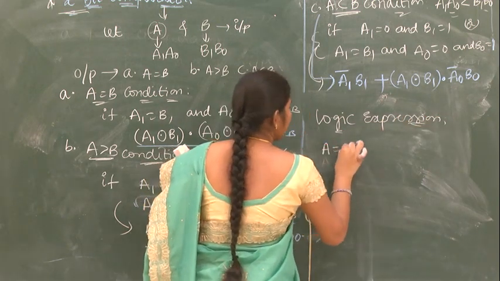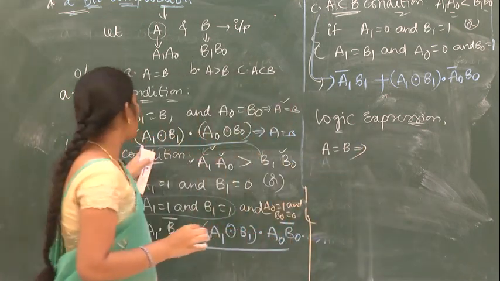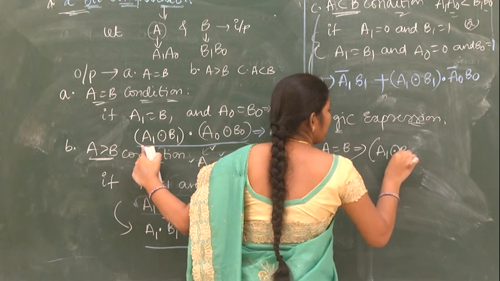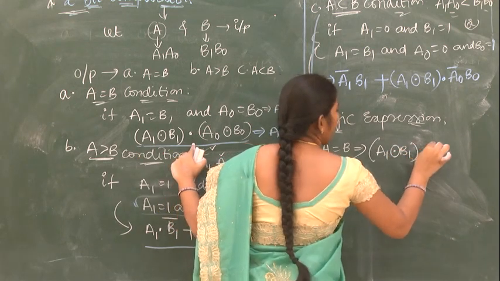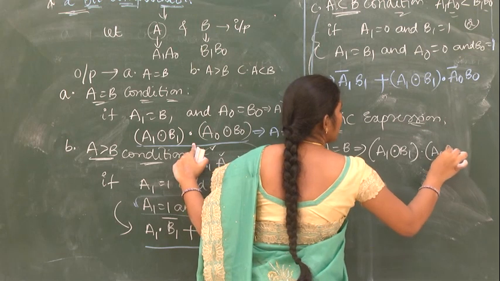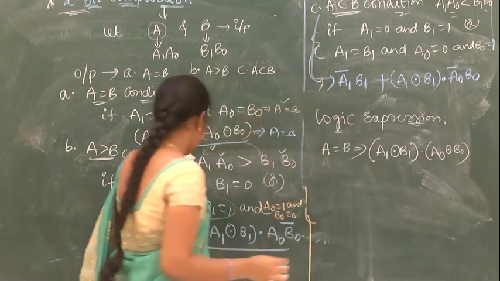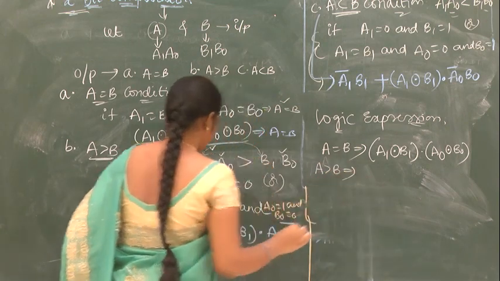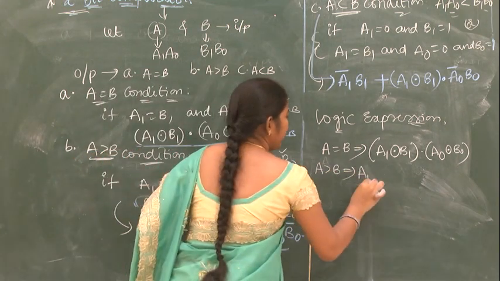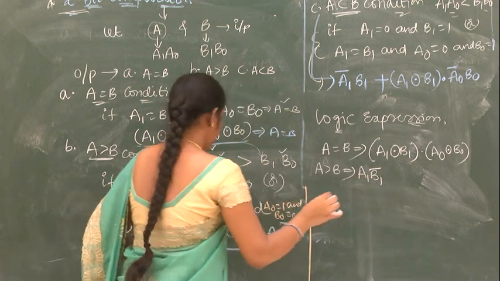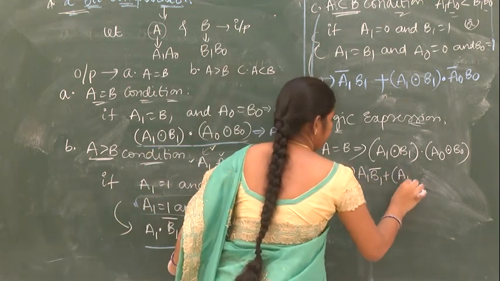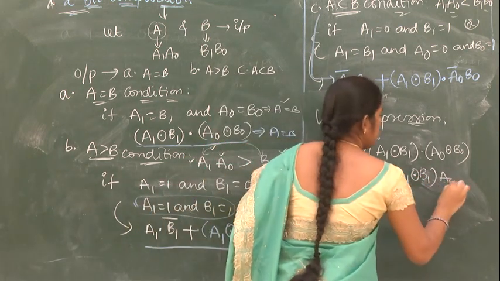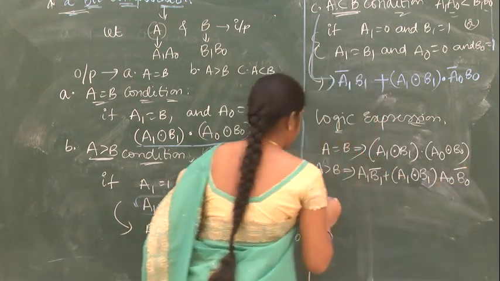For A equal to B, the logic expression is A1 exclusive OR with B1 and A0 exclusive OR with B0. For A greater than B, A1 B1 bar plus A1 exclusive OR with B1 and A0 B0 bar.